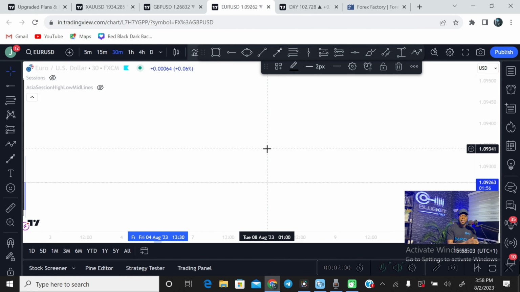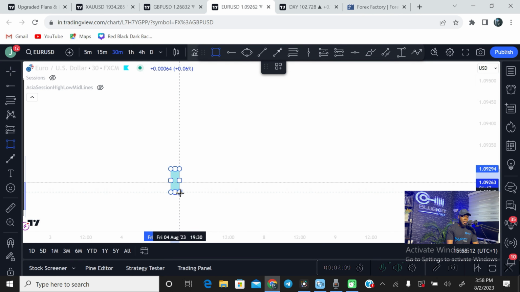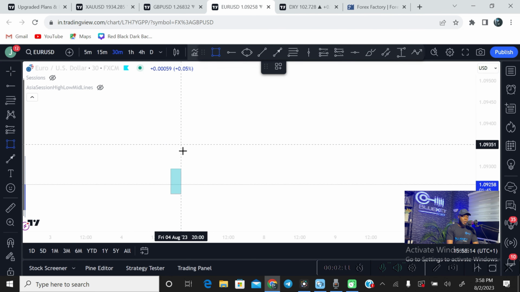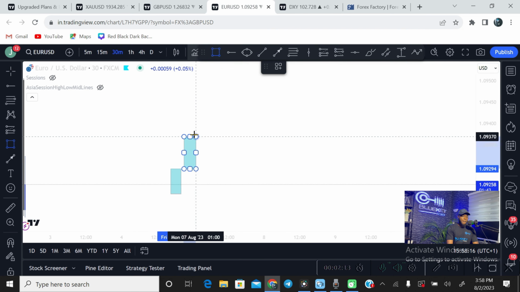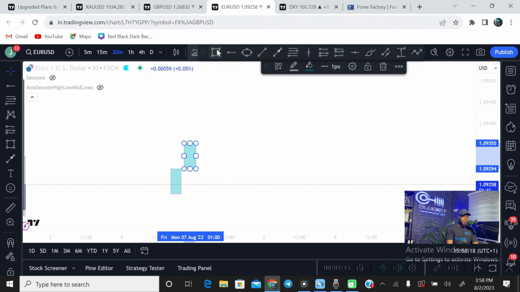So basically pullback is the candlestick based concept of a little bit of retracement in the market, right? So let's say we have the market giving us something like this, a candle. We have another candle like this. We have another candle just like this.